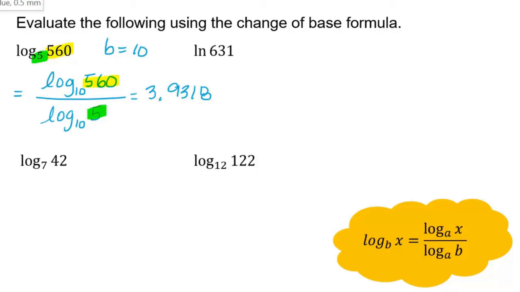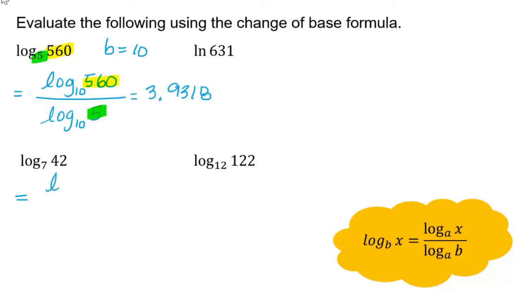Let's try the logarithm of 42 to the base 7. And we can estimate this. 7 raised to what power gives us 42? Well, I know that 7 squared gives 49, so the number we'll find here is going to be slightly smaller than 2. But again, I can't evaluate this directly because my calculator won't give me a base 7 calculation.